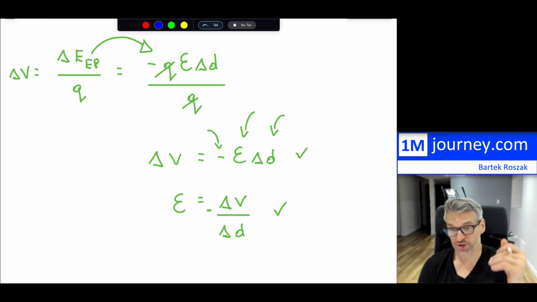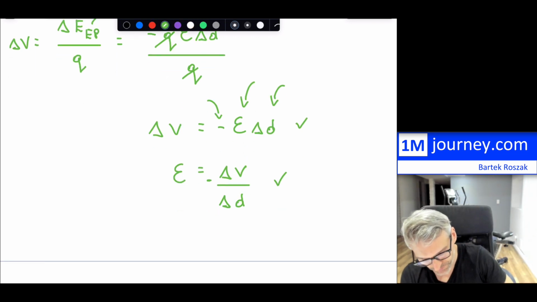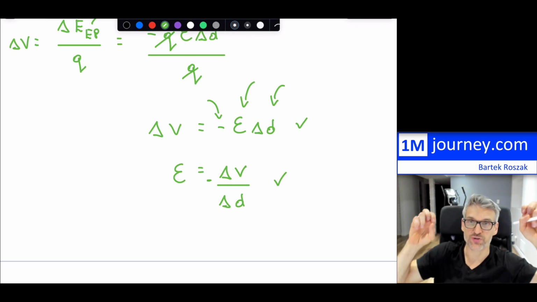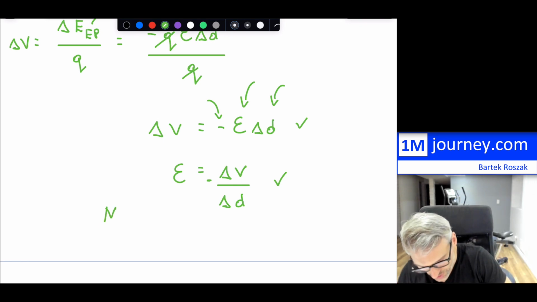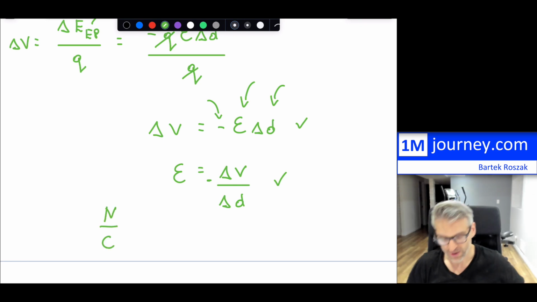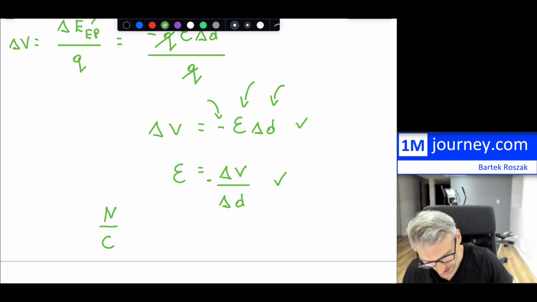Now, just to complete this, please note and recall that the units for the electric field were newtons per coulomb. That was the strength, so how much force you would have per coulomb. But hold on a second.